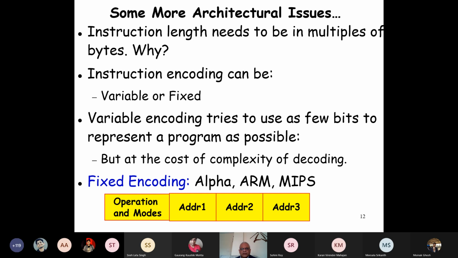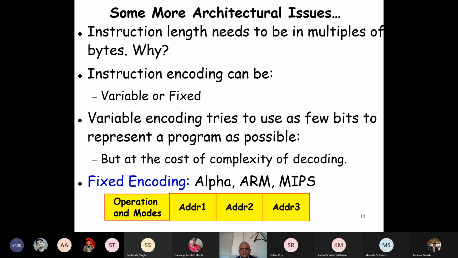So the answer here is that why instruction length needs to be in multiples of bytes is that you cannot access less than a byte. So we need to have the instruction in multiple of bytes.